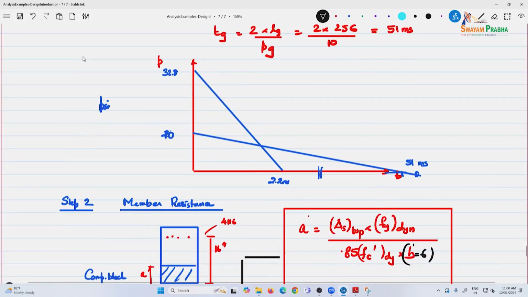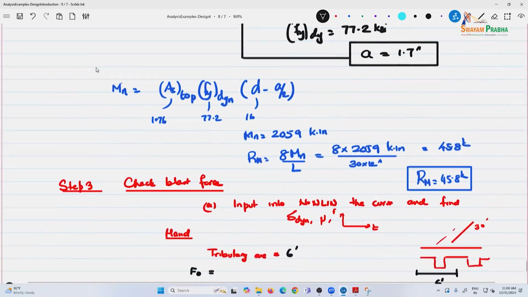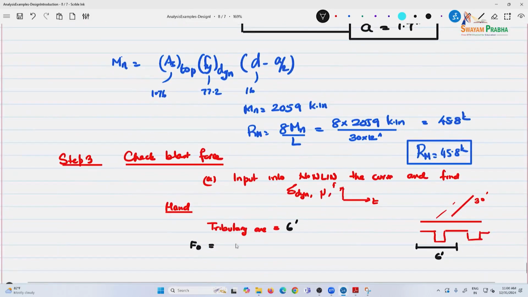here you can calculate the total, here 32.8 and 10, the gas pressures. F naught is due to Pg and P blast independently.